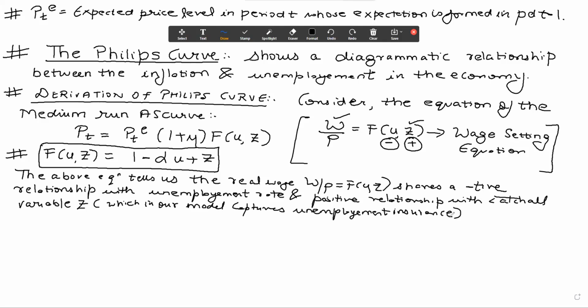Please note that this 1 I have taken only for mathematical simplicity. Otherwise, there is no particular logic behind it.